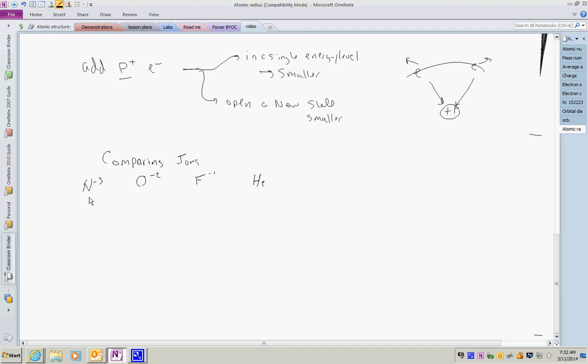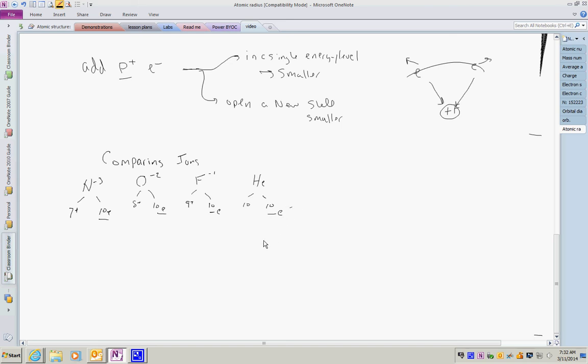Well, this one has 7 protons and it has 10 electrons. This one has 8 protons and 10 electrons. This one has 9 protons and 10 electrons. This one's got 10 protons and 10 electrons. All the electrons are in the same exact orbital, so that's a moot point.